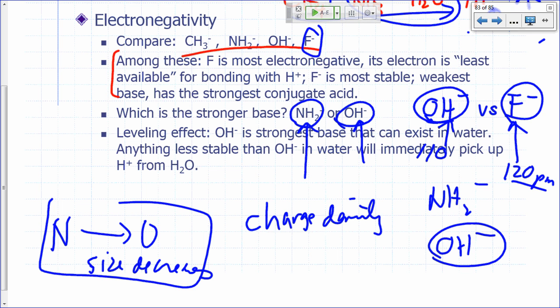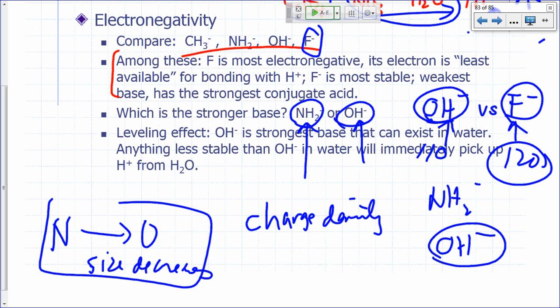It would be the least stable and the most basic. Oh, that's not the other one. No, this is bigger. 120, sorry. It's the biggest, so it has the least charge density. It will be the most stable, okay?